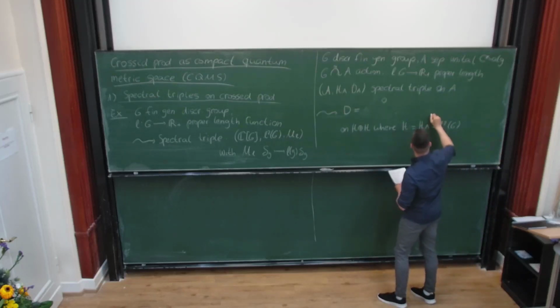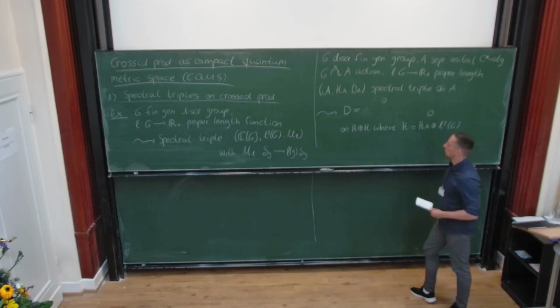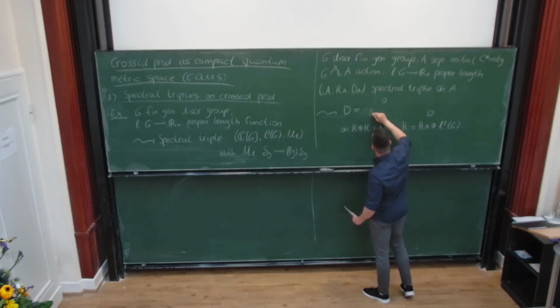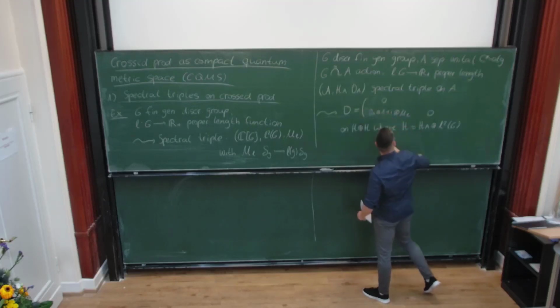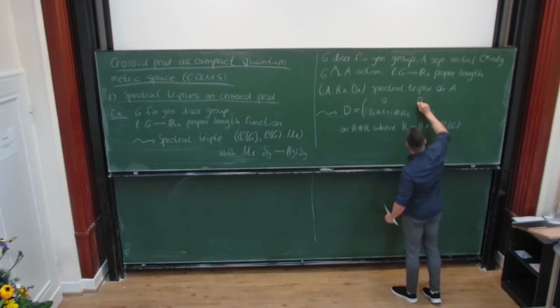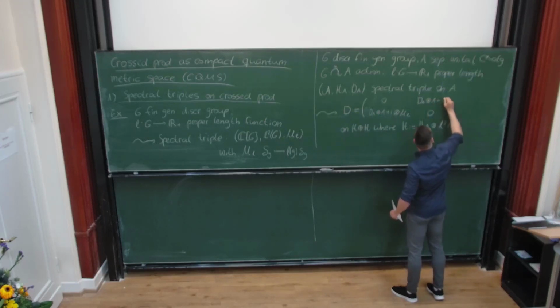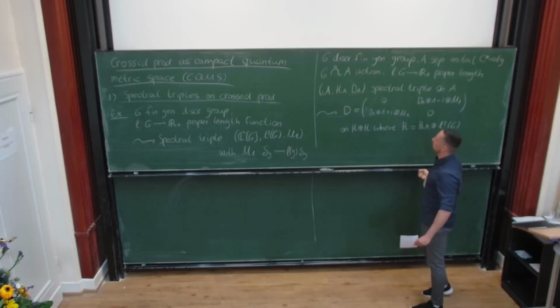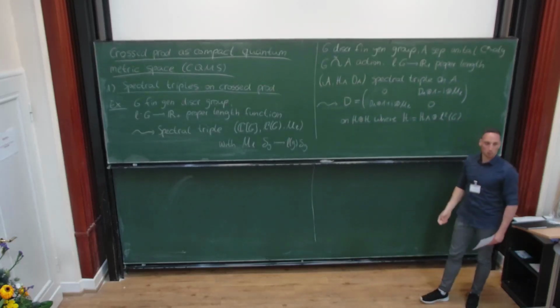We have zeros on the diagonal, and in the lower corner we take D_A tensor 1 plus i times 1 tensor M_L, and up here, take the adjoint. This is the operator that we consider.